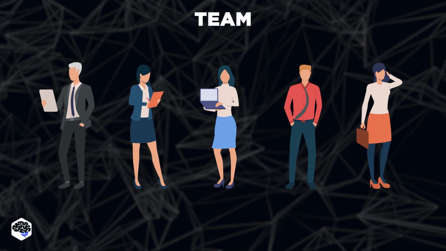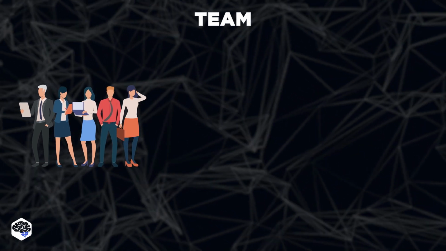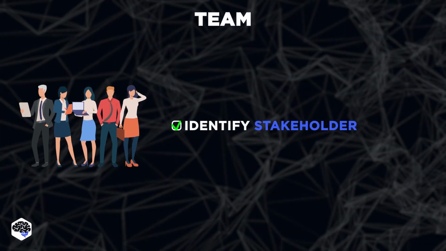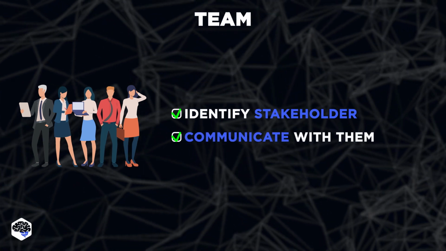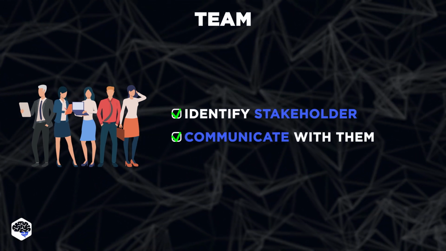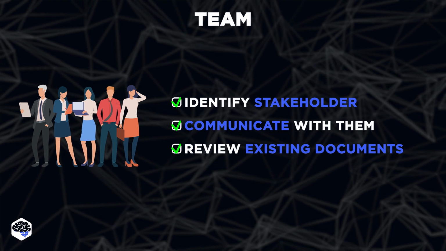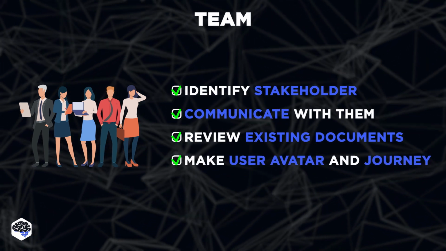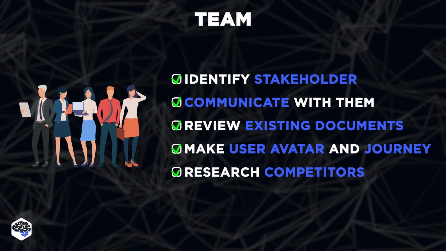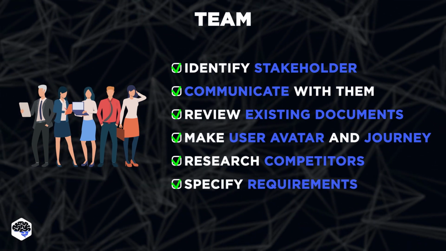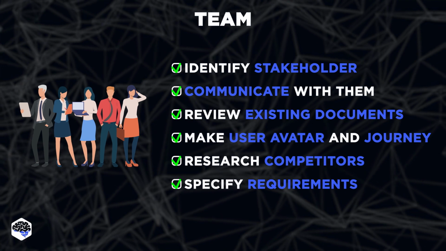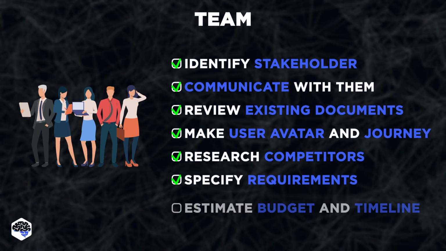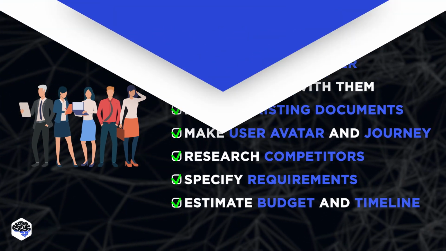Also, the discovery phase has basic building blocks, such as stakeholder identification, communication with stakeholders to define business goals, and review of internal documents and existing research, user avatars and user journeys, competitive analysis, specification of requirements for data analysis and systems, and deadlines and budget estimates.